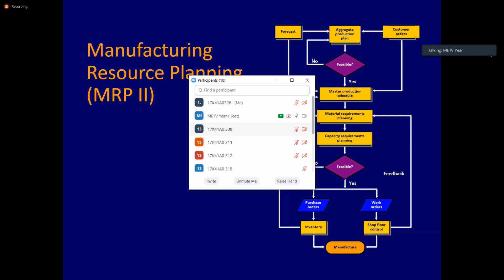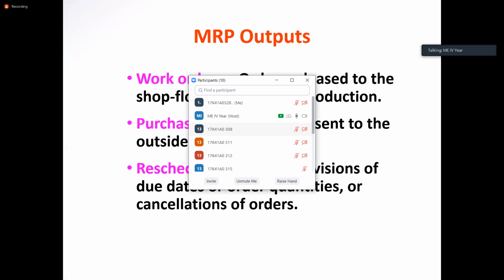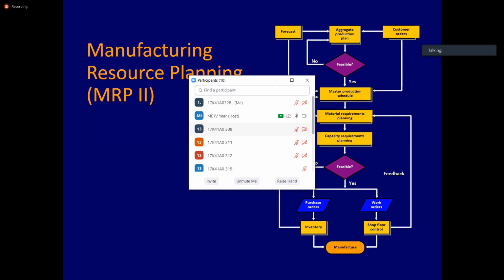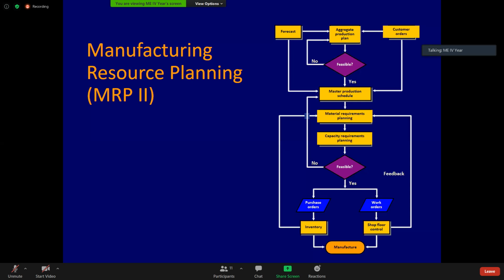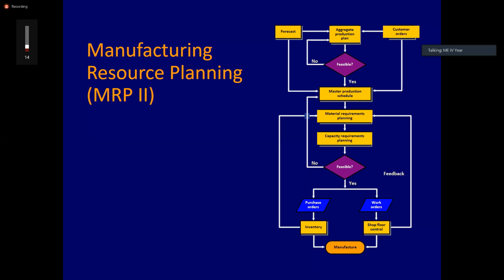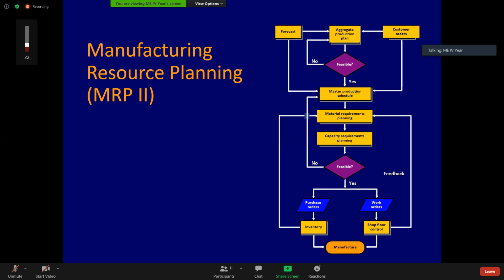So in the last class, we discussed MRP, material requirement planning, that we call MRP or MRP1. When it comes to the next level, it's MRP2, manufacturing resource planning.